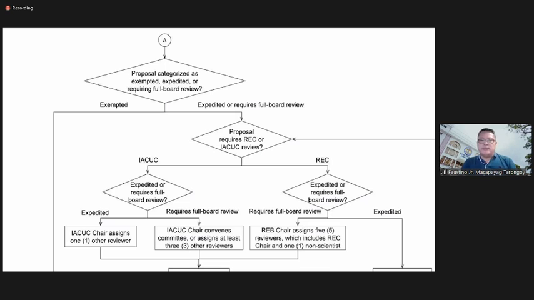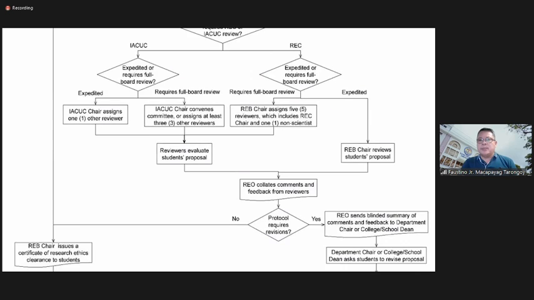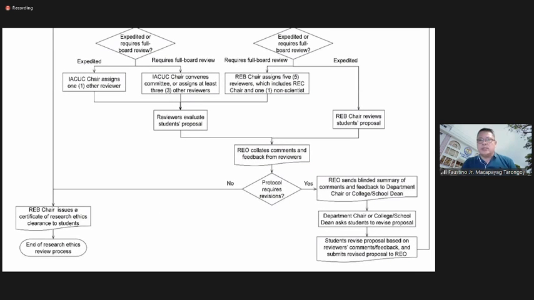Of course, if your proposal involves the use of animal subjects, then it will be delivered to the IACUC, or for most research proposals, it will be delivered to the REC, or Review Ethics Committee. Okay. If it is expedited, then it will be given to a particular person, usually the chair, or a particular reviewer, and there are a number of days given for that process.